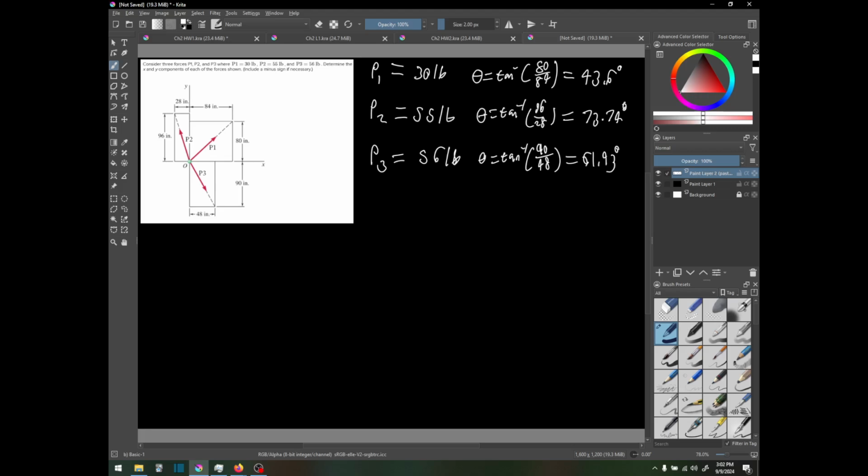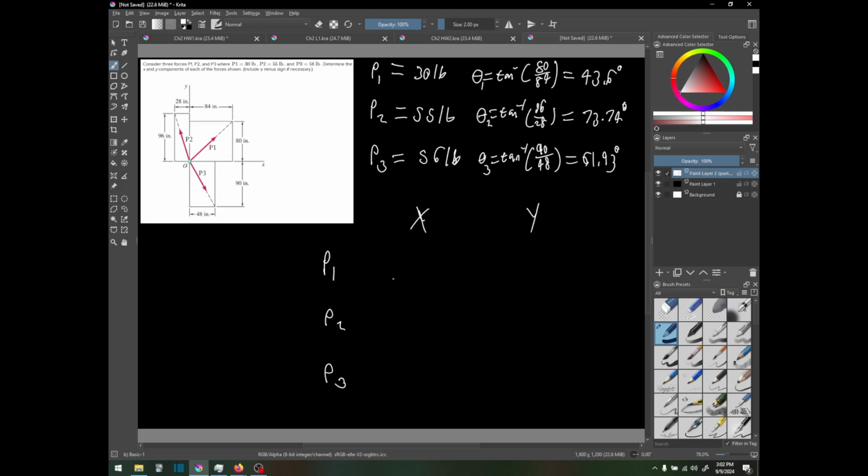What we then can do is calculate the x and y components for each of these. So I'm going to put P1, P2, and P3 here, and we can have an x and a y. And for the x component, it's going to be P1 cosine of theta 1. So we can just label these theta 1, theta 2, and theta 3 so that it is less confusing. And the y components are going to be P1 sine of theta 1.